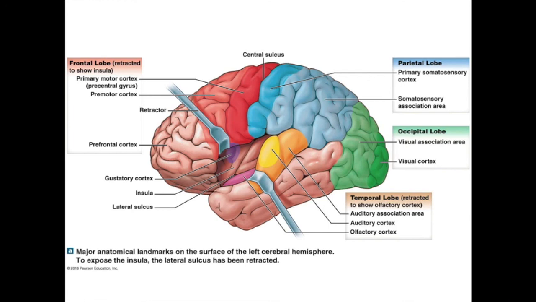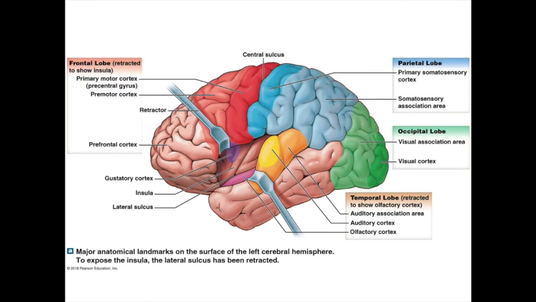Posterior to the parietal, we have the occipital lobe, which has the visual cortices. And then the temporal lobe has several functions, but for the kind of anatomy we are going for, I would like you to memorize that in the superior temporal gyrus, we have the auditory cortex.